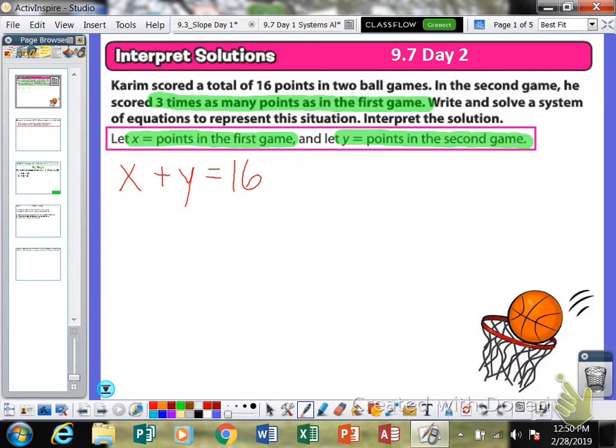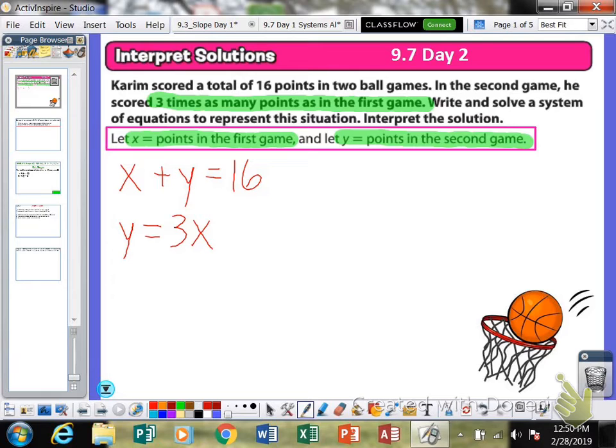So we're talking about our y because y equals the points in the second game. And they tell us in the second game he scored 3 times as many points as in the first game, and we know that x equals the number of points in the first game. So our second equation here would be y equals 3x. And now we have our system of equations. x plus y equals 16 and y equals 3x.